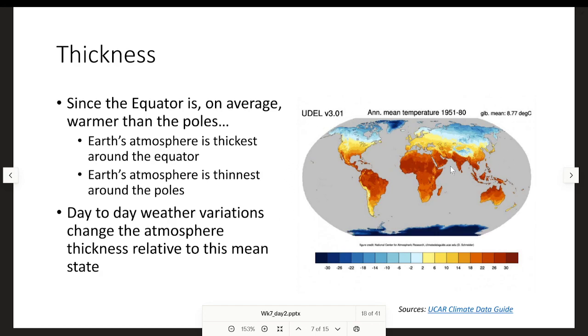So it's thickest around the equator and thinnest around the poles. Day-to-day atmospheric conditions, like weather variations, will change the thickness relative to the mean state. For instance, in the summer it's going to be thicker in one hemisphere than in the other, but it's always going to be thicker around the equator than at the poles.